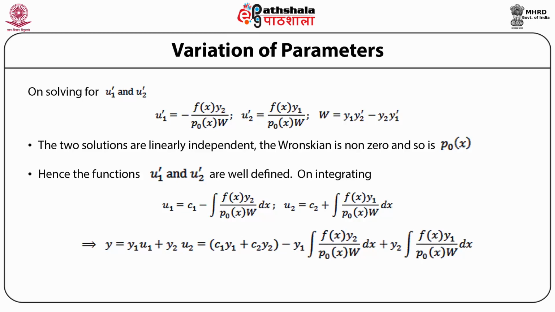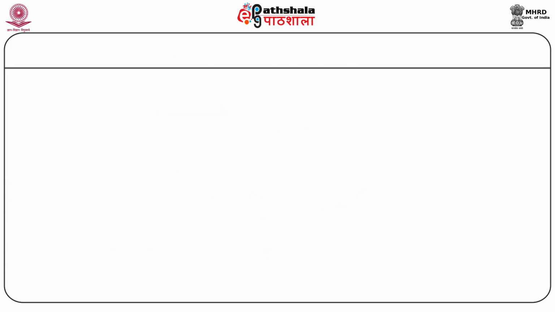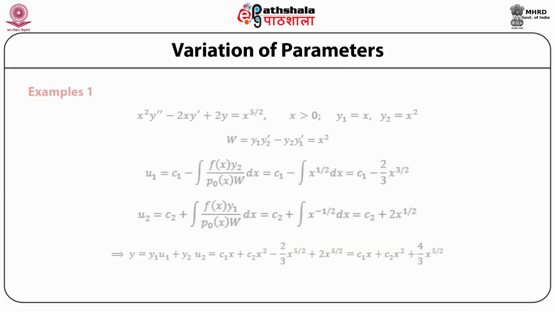So we substitute u1 and u2 as calculated above and we get y is equal to c1 y1 plus c2 y2 minus y1 multiplied by the integral of f(x) y2 divided by p naught(x) W times dx, plus y2 multiplied by the integral of f(x) y1 divided by p naught(x) W dx. Now we proceed with some examples.